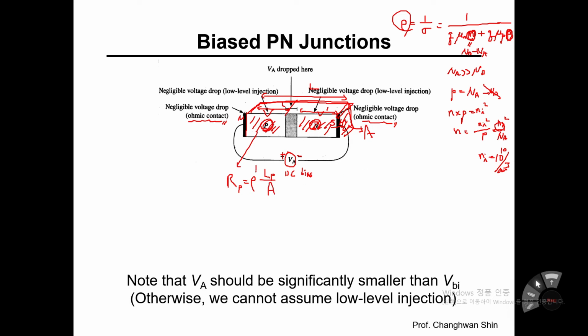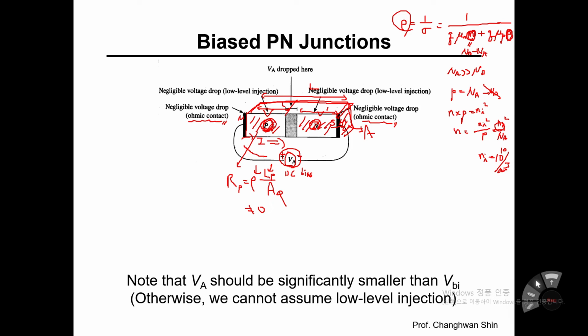Since the resistivity rho is non-zero, and L_P is non-zero, and A is non-zero, once a certain amount of DC bias has been applied across the PN diode, a certain amount of current flows throughout the PN diode. Therefore, the P side itself should have a certain amount of voltage drop.